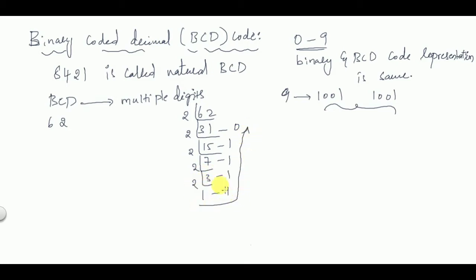So we'll take this in reverse order. So 111110 base 2. This is the representation in binary.